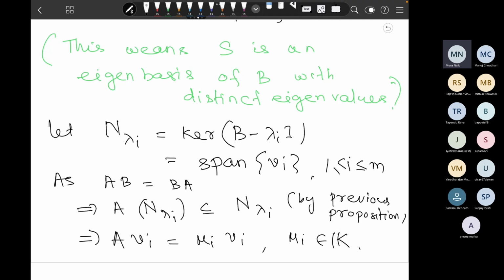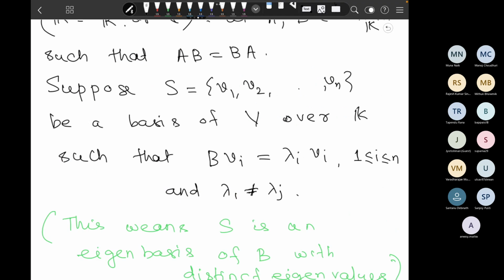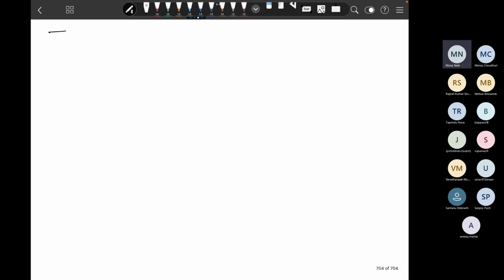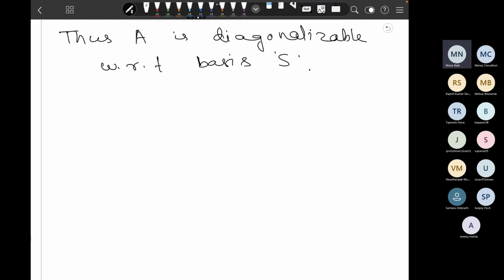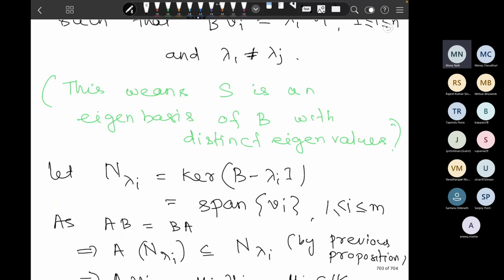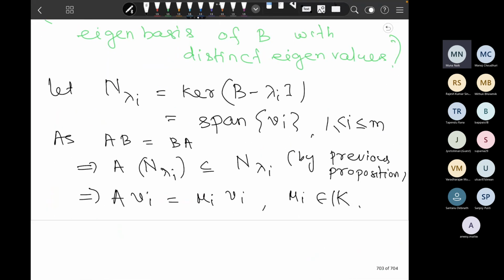K. Okay, so this means A is also diagonalizable with respect to basis S. But this μ_i, I am not saying that A has distinct eigenvalues. I am not saying that. I'm just saying that A is diagonalizable.